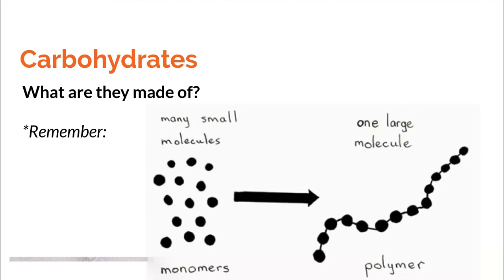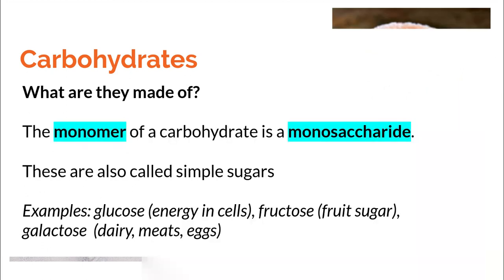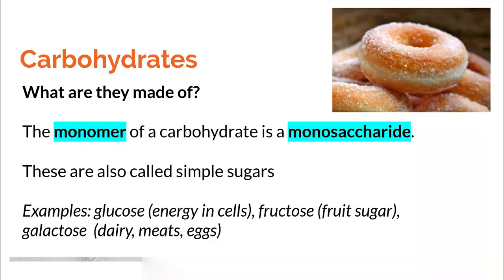Just as a reminder, monomers are smaller molecules that combine together to form polymers. When they bond together, those smaller pieces come together to make larger molecules. That process happens through a condensation reaction, so keep that in mind.